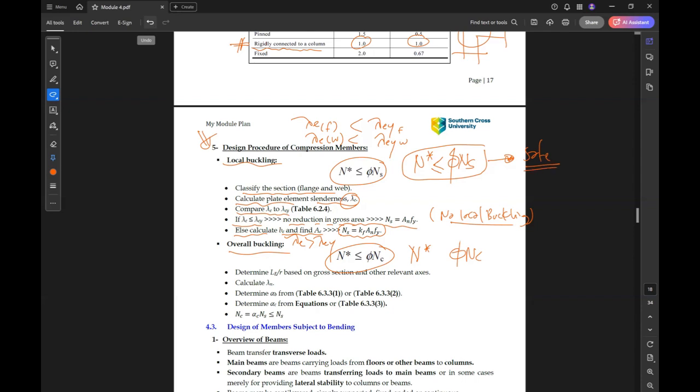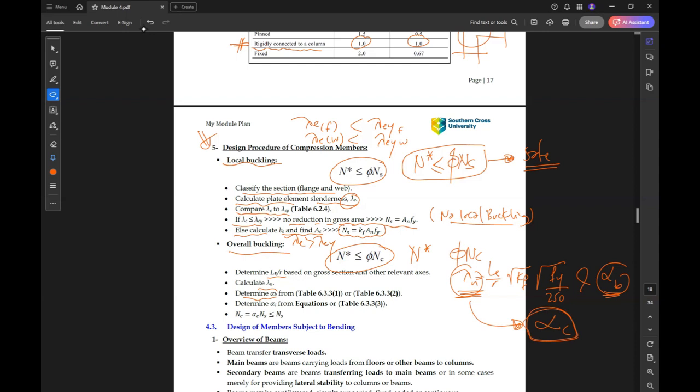For member capacity, the first step is to find Le over r, to find lambda n, which equals Le over r times root kf times root f yield over 250. Then find alpha b, and using alpha b and lambda n, you can find alpha c from the tables.